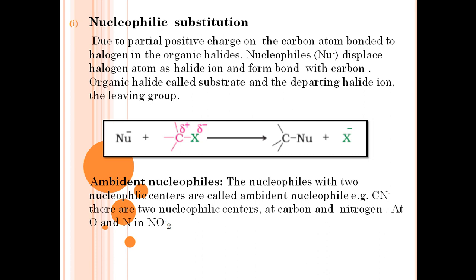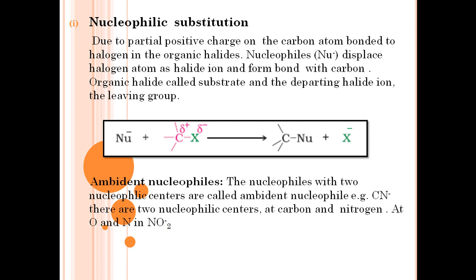Now ambident nucleophiles, this is also an important term which is asked many times in the board exam, and you also learned this earlier in chapter 9. The nucleophiles with two nucleophilic centers are called ambident nucleophiles.